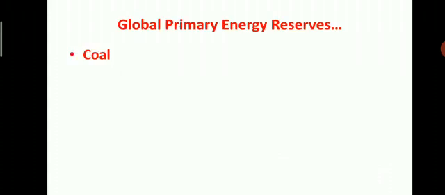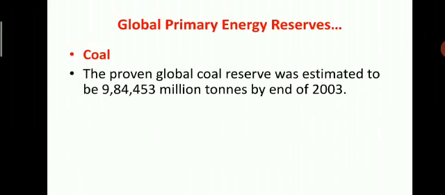Let us see global primary energy reserves. Number one, coal. The proven global coal reserves were estimated to be 9,84,453 million tons by the end of 2003. I have the figure of 2003, that's why I am giving you the figure of 2003 here.